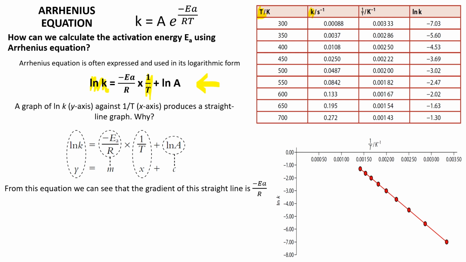From this equation, we can see that the gradient of the straight line is equal to negative Ea over R. So we can easily calculate the activation energy if we have a graph of ln k against 1 over T, because the gradient represents the value of negative Ea over R. Then we can figure out the value for the activation energy, as we will see in the next problem.